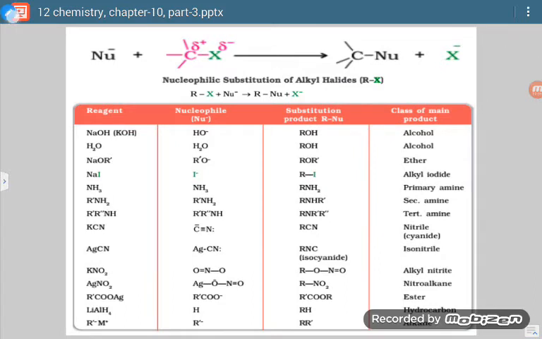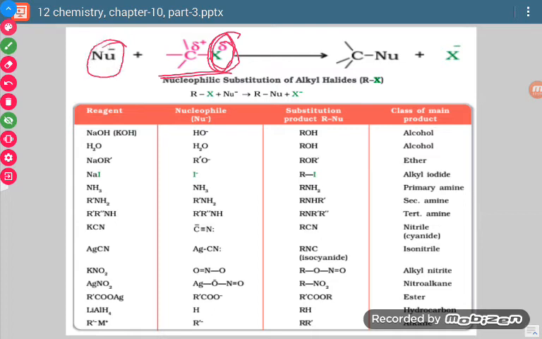In this reaction, this is the reactant molecule. Here a halo group is attached. Now in the case of alkyl halides, this halo group is to be replaced. This is a haloalkane, and this halo group will be replaced by the nucleophile.